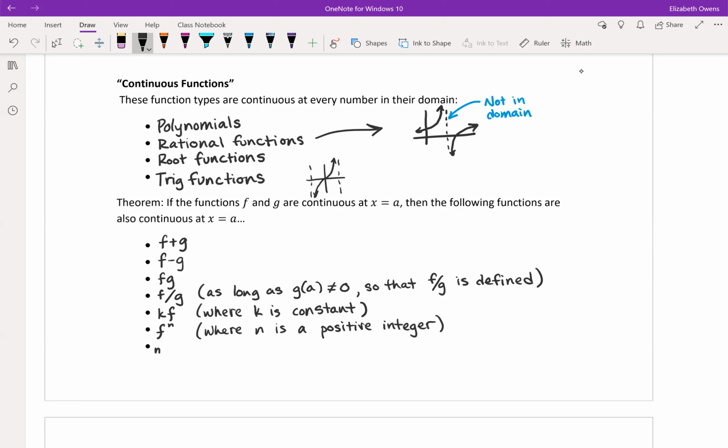And then the nth root of a function, where n is a positive integer again. Okay, so this allows you to determine a wider range of functions that are also continuous at this point if you just know the basics about one or two smaller functions. If you know they're continuous, you can get all the rest of these from that.